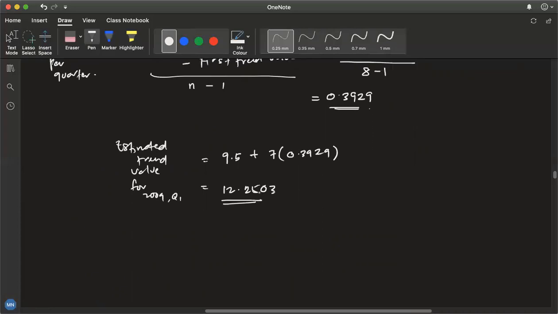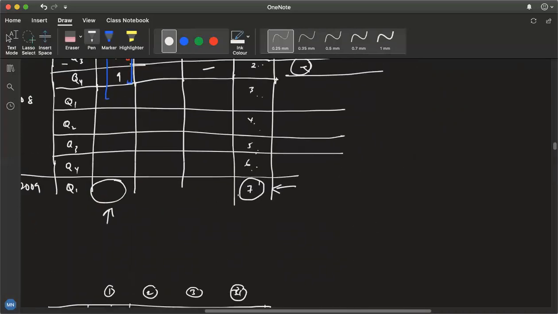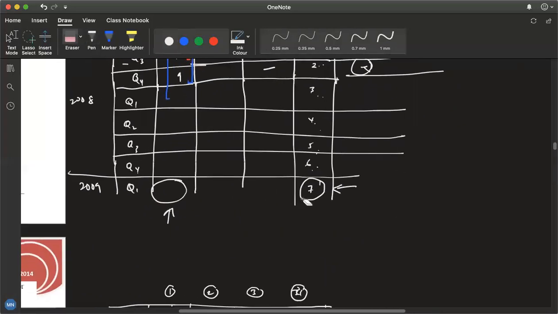So this is the estimated trend for 2009, quarter number 1.